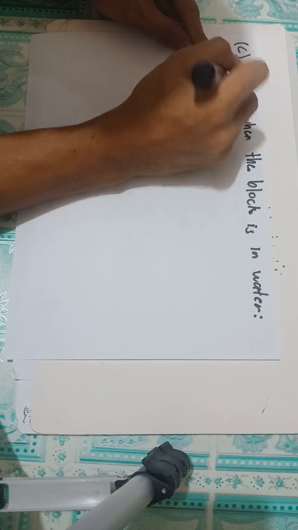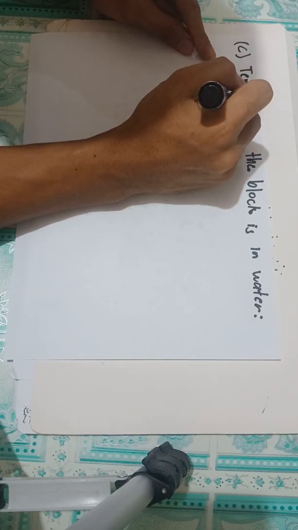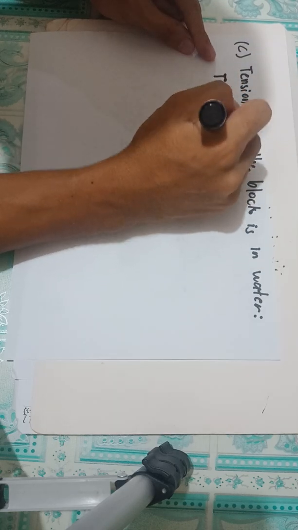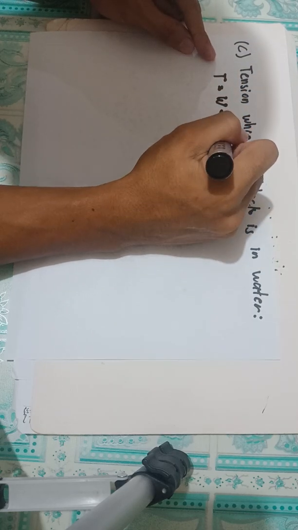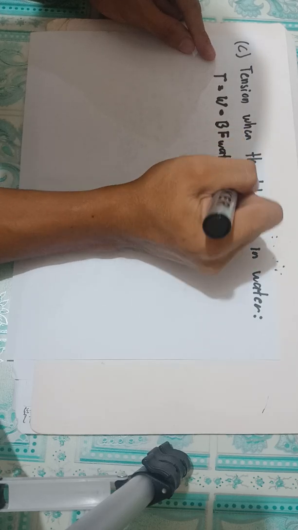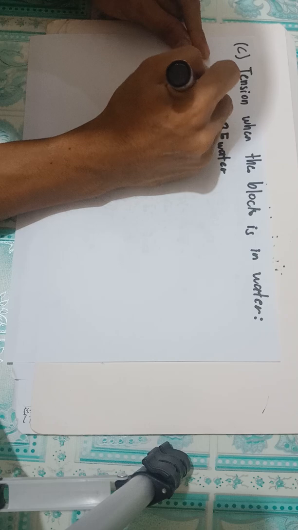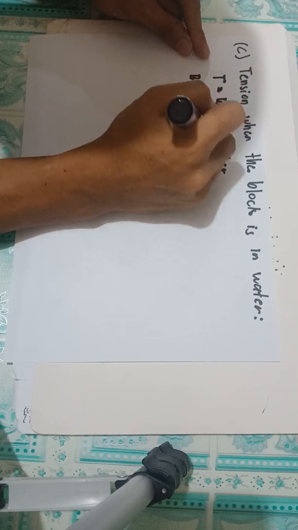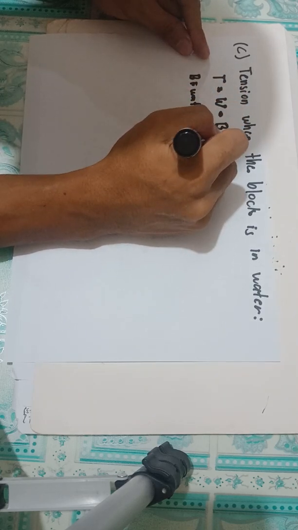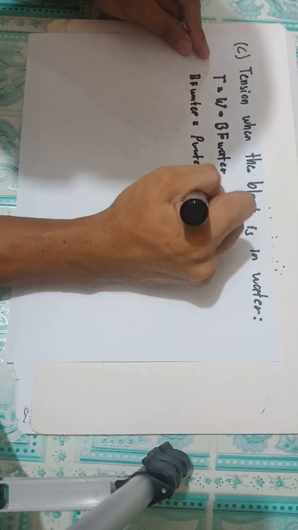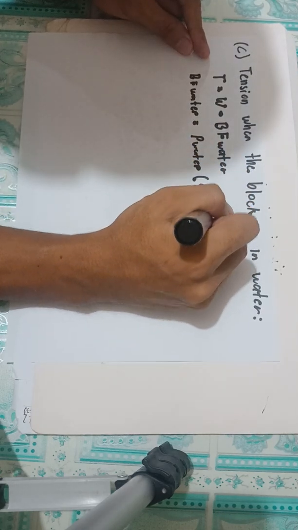So tension, as we already know, is the weight minus the buoyancy force of the water. The buoyancy force of the water is equal to density of water times gravity times the volume displaced.